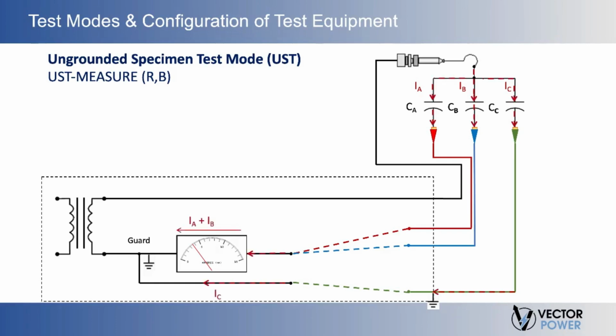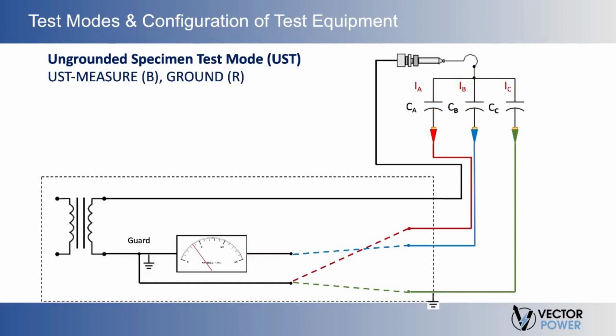So, as we show here, we apply potential, and we only measure what's coming in on the red and blue channels. So our measurement is I sub A plus I sub B. Ground, anything coming in on the ground lead, is never measured in an ungrounded specimen test mode.